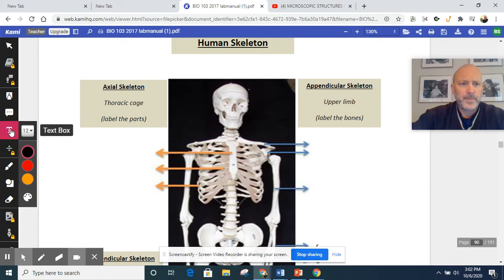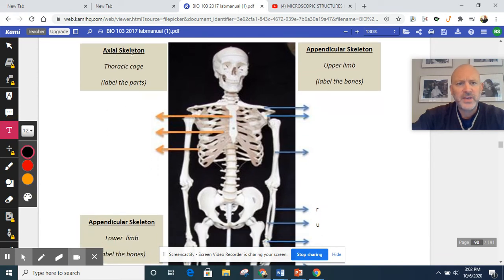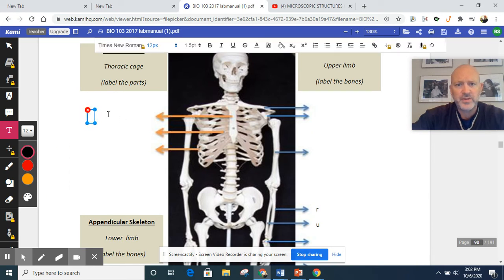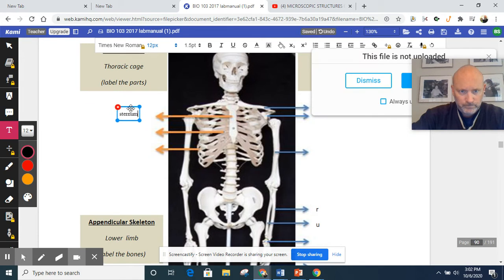All right. Why don't we do the axial skeleton first? This, of course, is going to be the sternum. And then we have the ribs, followed by, that's not the ribs, excuse me.